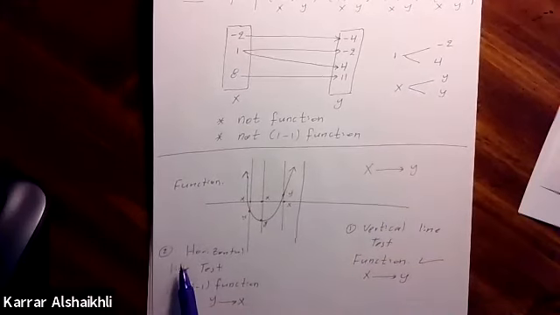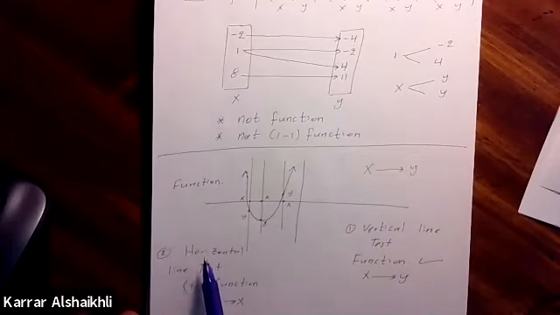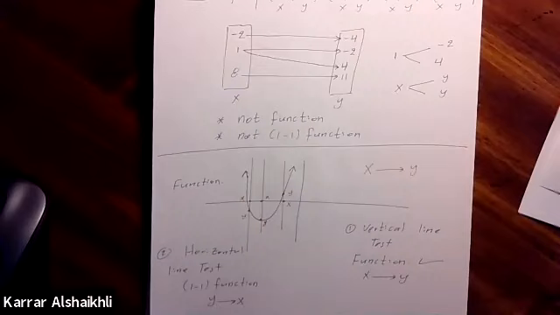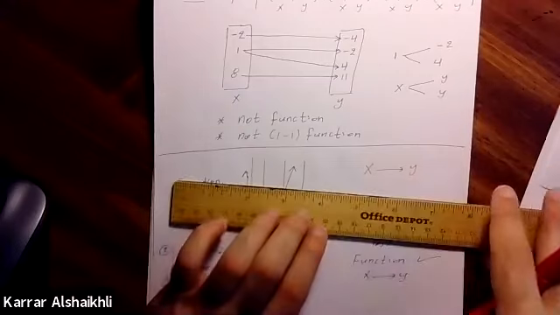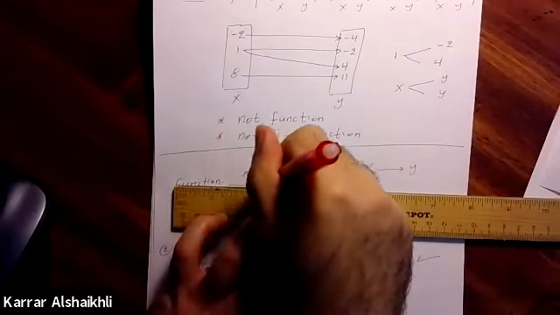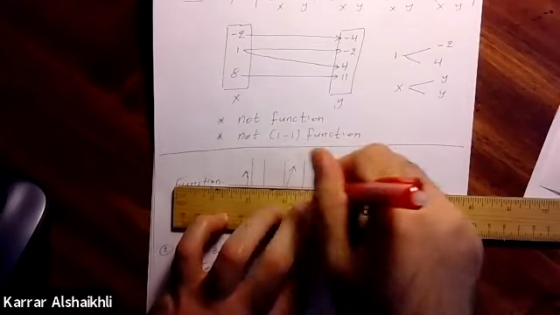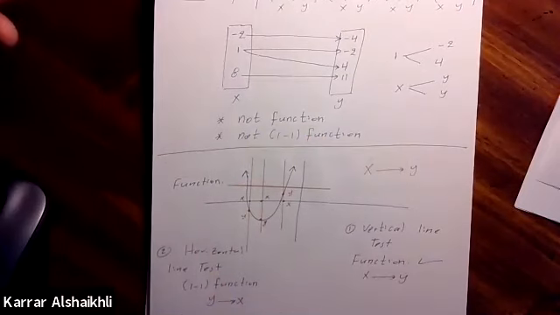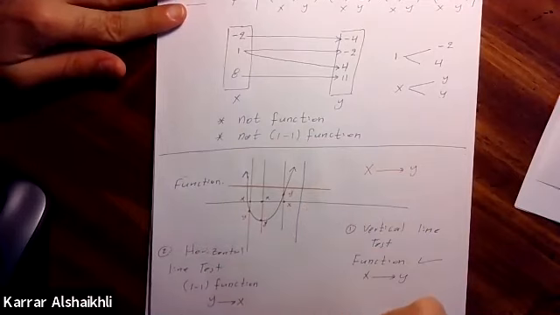Then to check the function is one-to-one, the second condition, we're going to do a horizontal line test to make sure each y goes back to 1 x. So let's graph a horizontal line here. On this graph, we just need one horizontal line test. Here's the horizontal line test. We have to make sure each y goes back to 1 x.